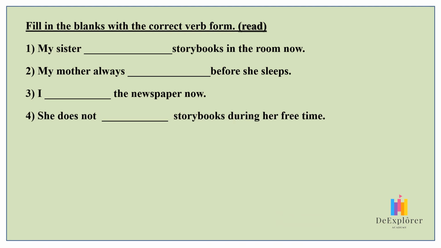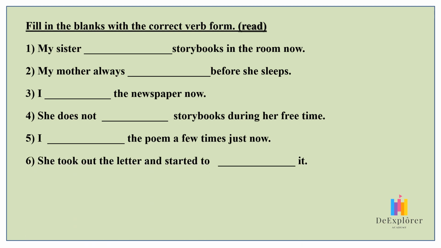Number 4, does not. Okay, does can could be would shall should do does did 那个 does. Okay, telling you about what base form. Number 5, just now. 刚才. Number 6, she took out the letter.